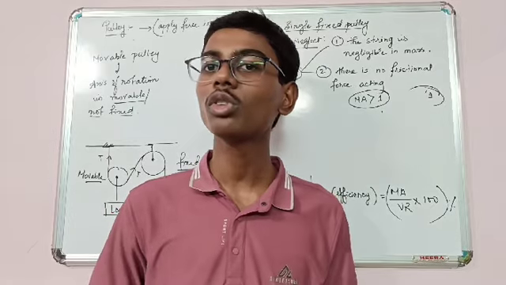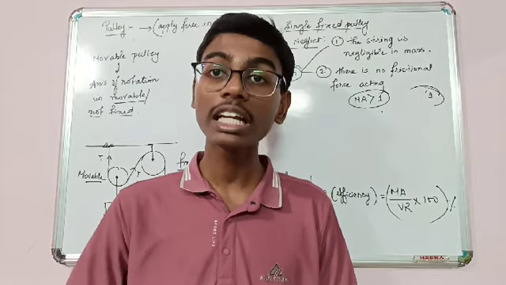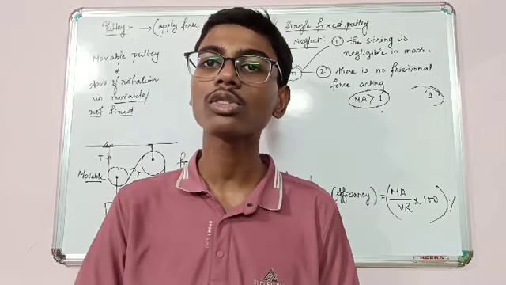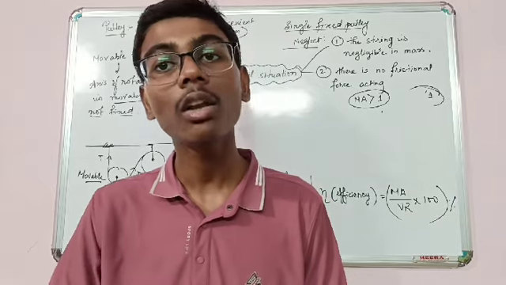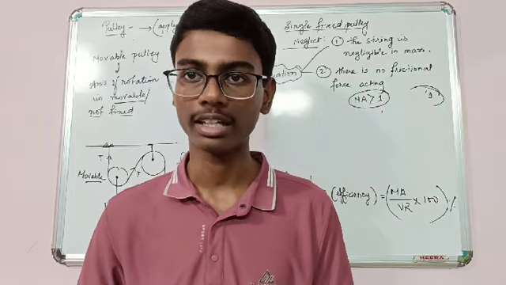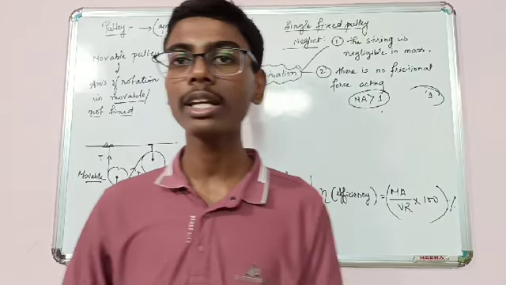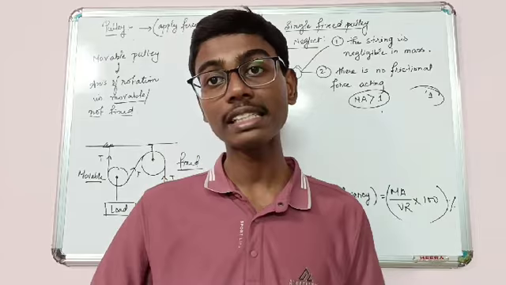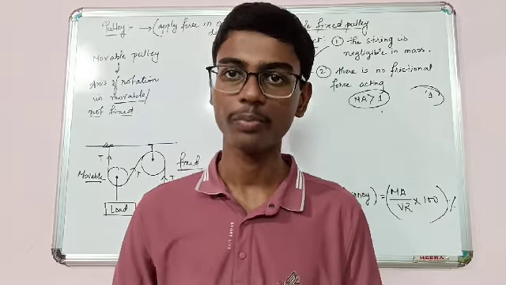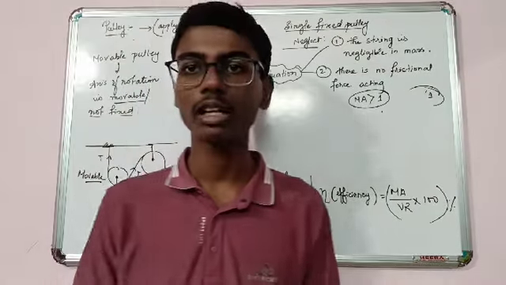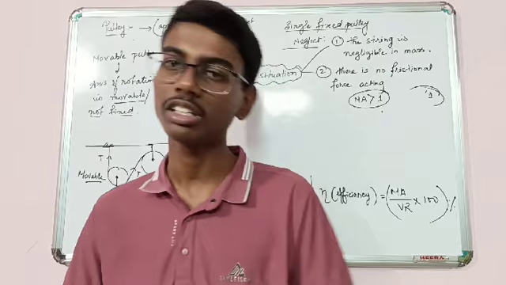So the 2 Newton force that you are applying is not getting worked here. It is getting lost as the force of friction. Hence, at that point of time, you will have to subtract it. When we proceed with doing numericals, I will make a separate video, as I have already promised you. There you will see different varieties of questions, and you are going to face such terms: ideal situation, frictional force, energy loss, dissipation of energy, etc.